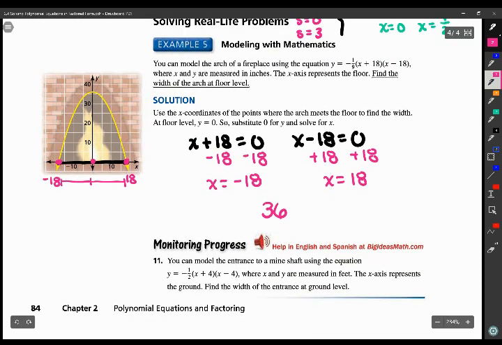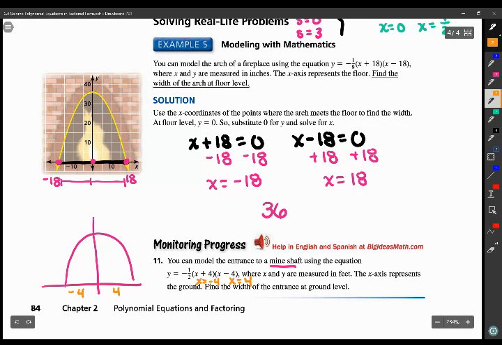And then it's basically the same thing when you're looking at 11. It talks about a mine shaft. It's the same idea. If you're looking at that, your door, you're trying to figure out from here to here what the distance is. So again, if you solve these, you get x is equal to -4 and x is equal to +4. So it's negative 4 spaces this way, and it's 4 spaces this way.